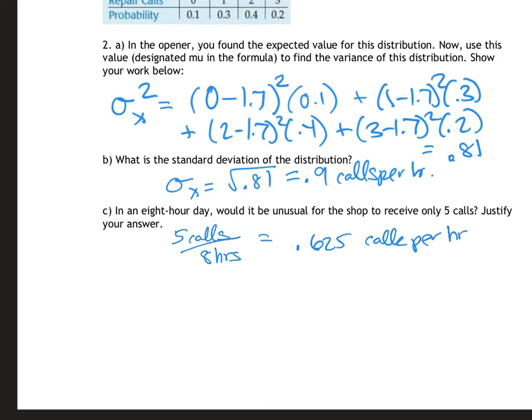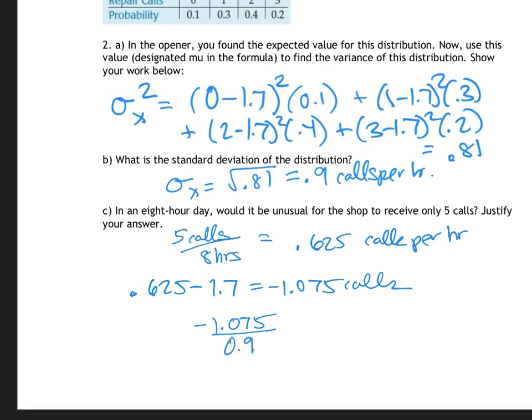Remember what the expected value was: 1.7. Let's see what the difference is between what we have here and our expected value. If I do 0.625 minus our expected value, the difference is negative 1.075. Let's see how that relates to the standard deviation. If I divide negative 1.075 by my standard deviation, I get negative 1.19.